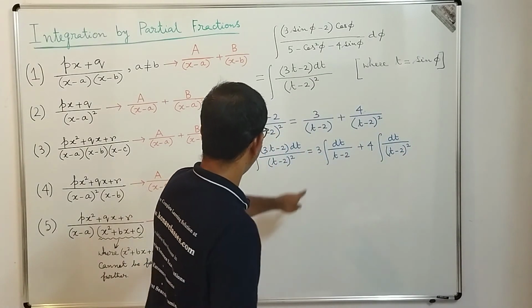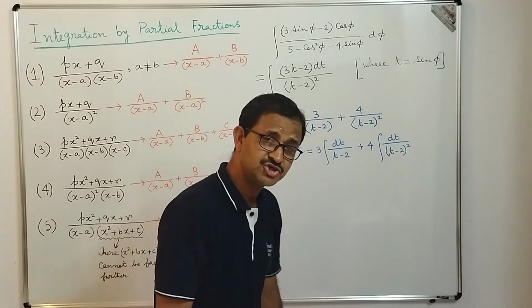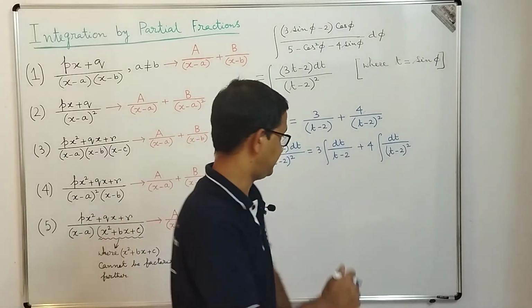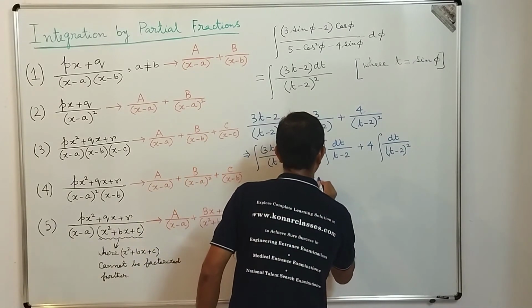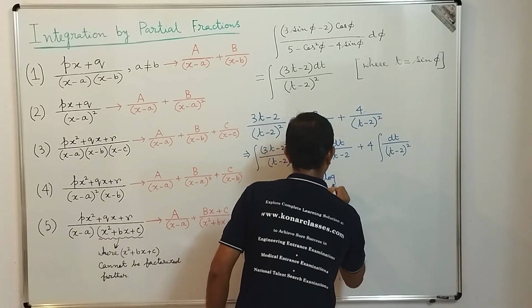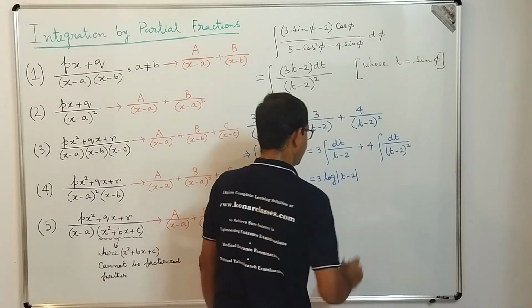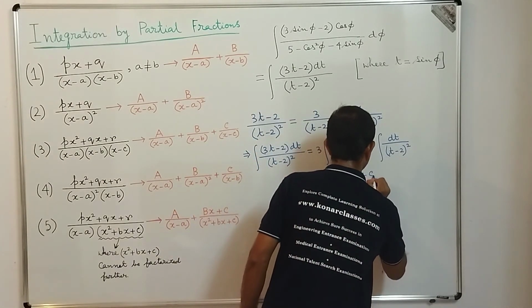Now what is the integration of dt by t minus 2? It is log mod t minus 2. So that is equal to 3 into log of mod t minus 2, plus one integrating constant c1.